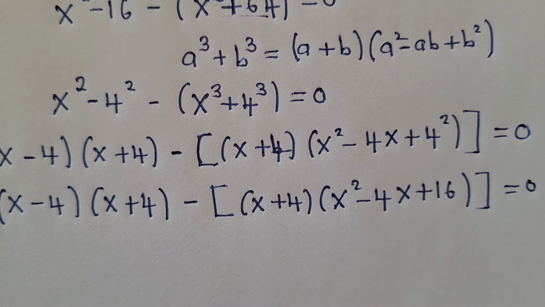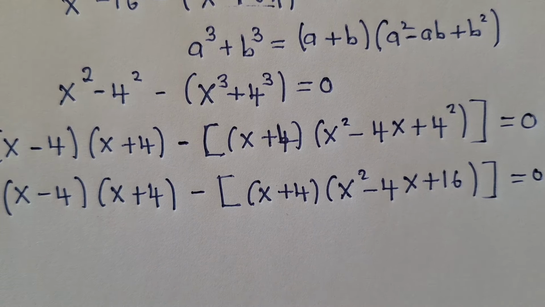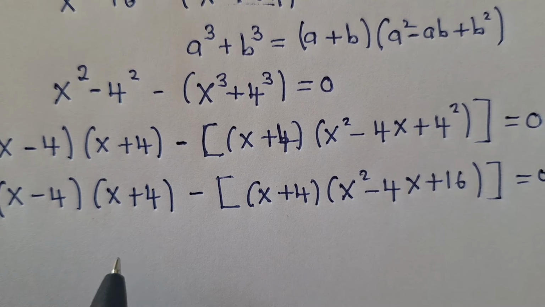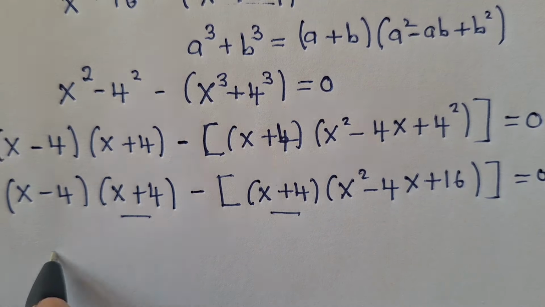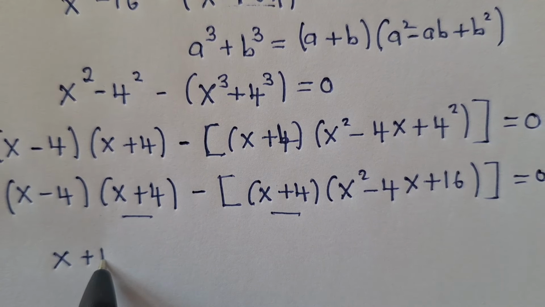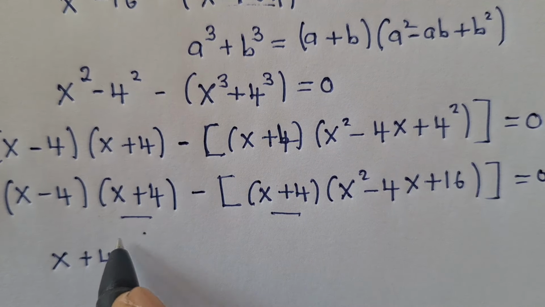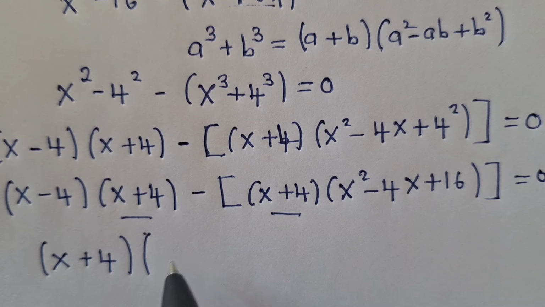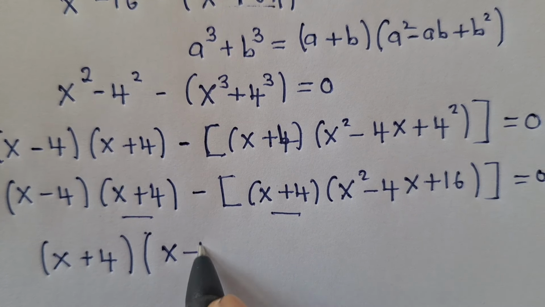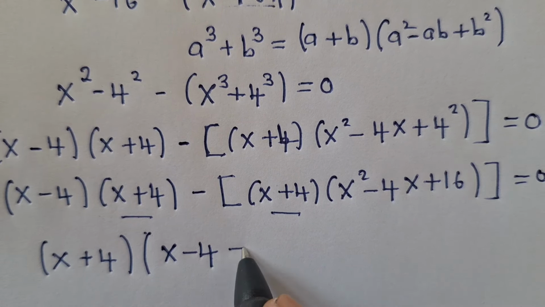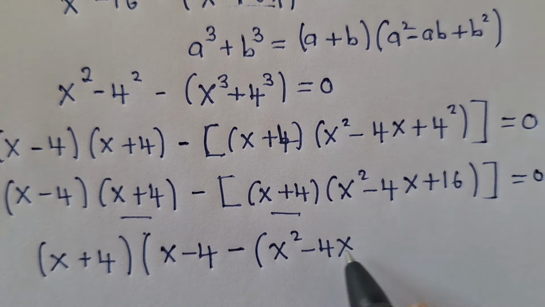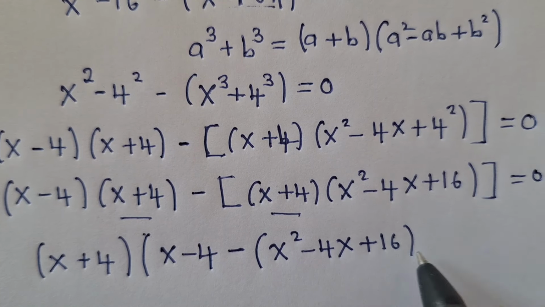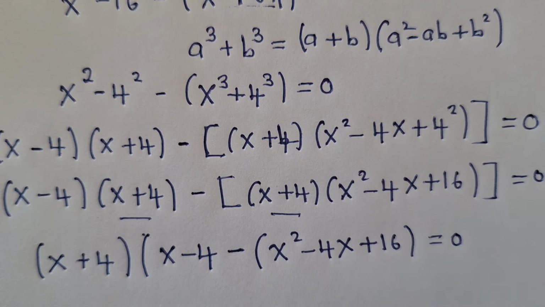It's giving us 16. So now you can see that we've got some elements which are common here. This and this are common. So we can say (x + 4)[(x - 4) - (x^2 - 4x + 16)] = 0.